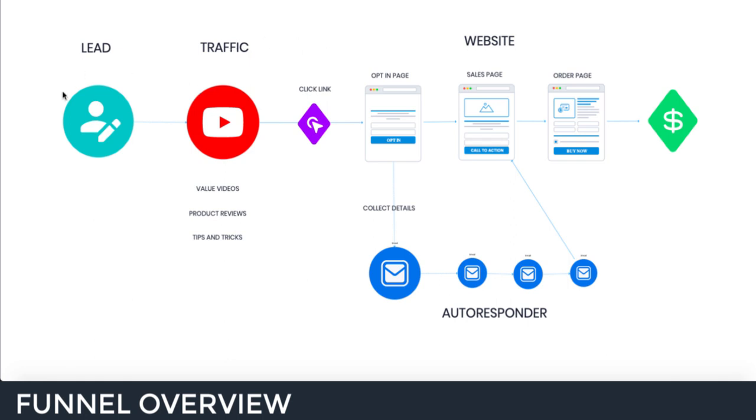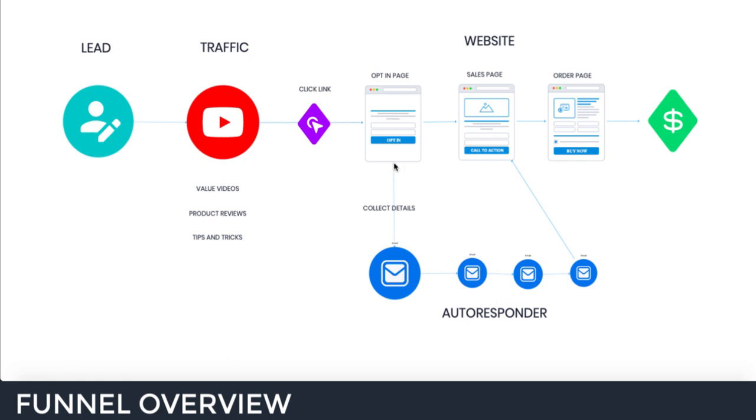But essentially here are my leads. These are the folks that want to come along to YouTube and watch my videos. Now they could be value videos, they could be product reviews, or they could be tips and tricks. Now these folks then go into the description and they click various links because I'm offering them some kind of value, some kind of training course which will help them actually build a business online themselves.